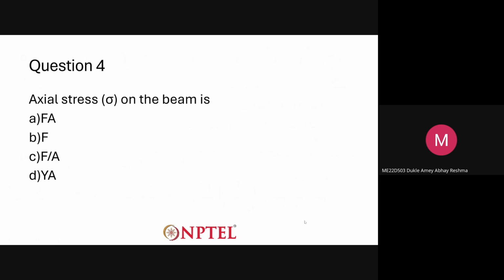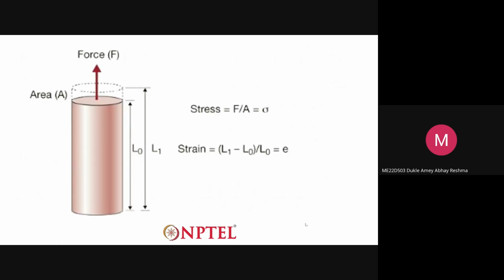Question number 4: the axial stress acting on the beam is F, F by A, or Y. Axial stress is the stress that acts through the central axis. When the force is passed through the central axis, that is called axial stress.